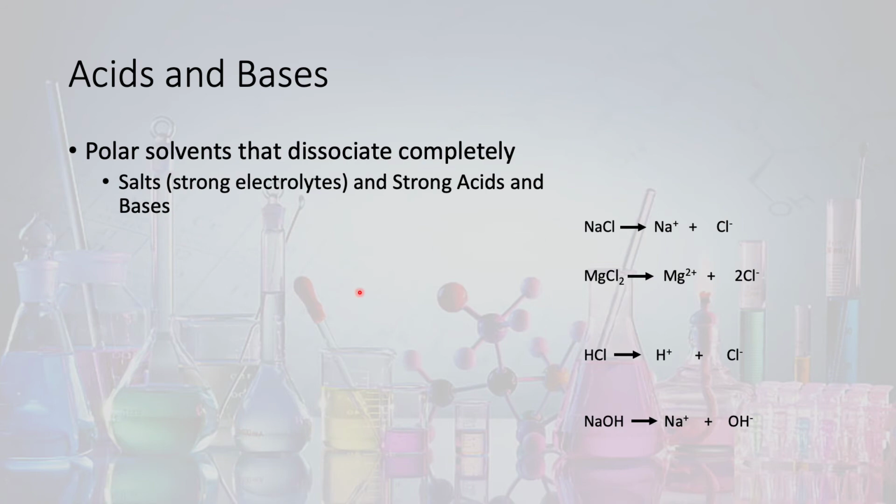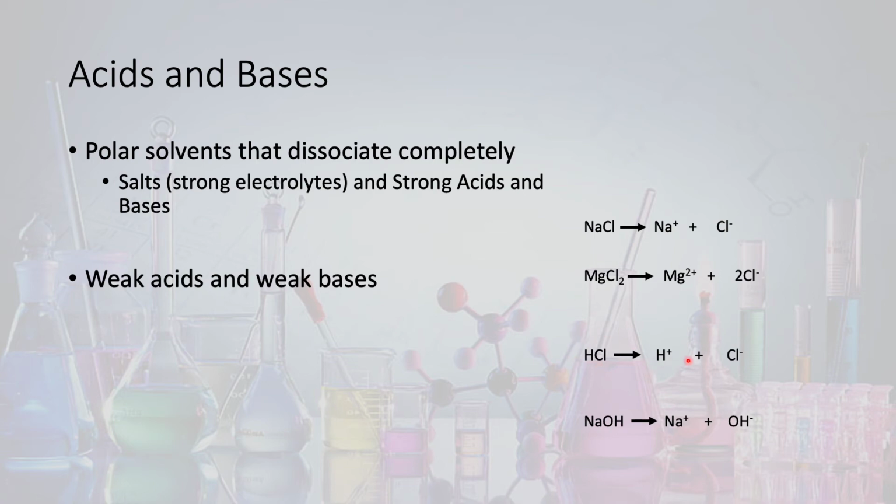Now, we've previously discussed strong electrolytes and weak electrolytes. If you hadn't heard it before, the same is true with acids. There are such things as strong acids and strong bases, as well as weak acids and weak bases. So over here, on the right, sodium chloride is a strong electrolyte. We know this fully dissociates in solution, and so does our magnesium chloride.